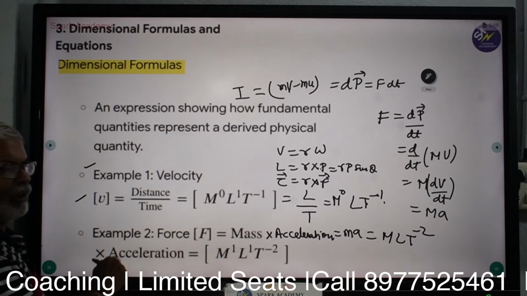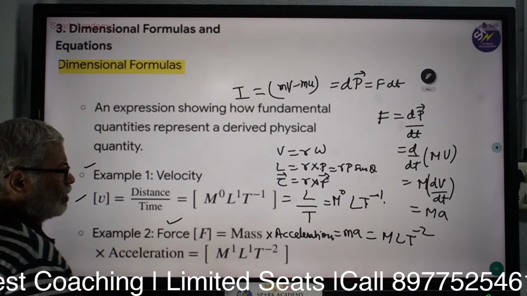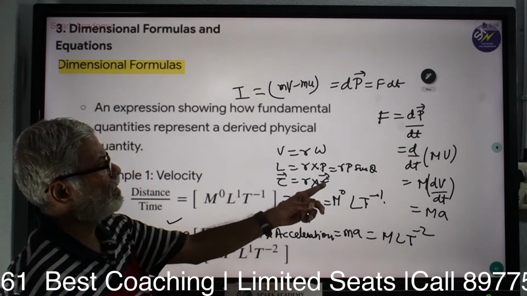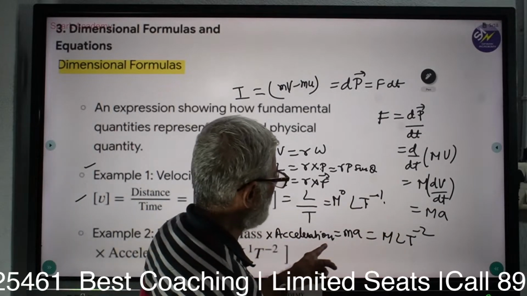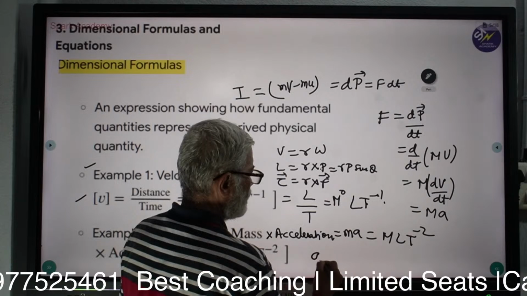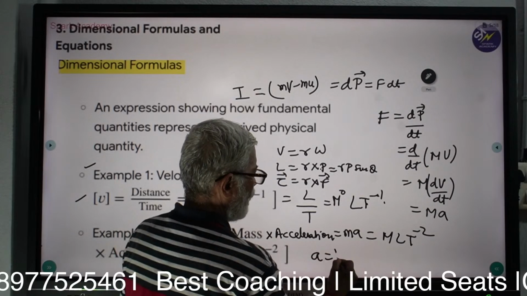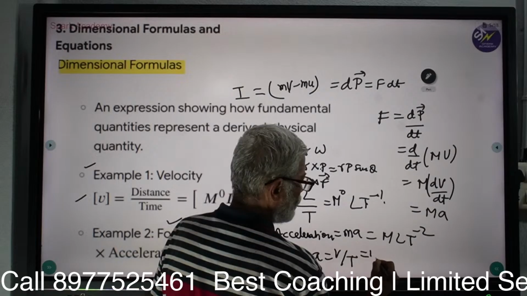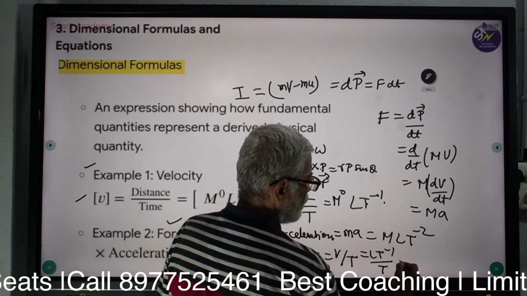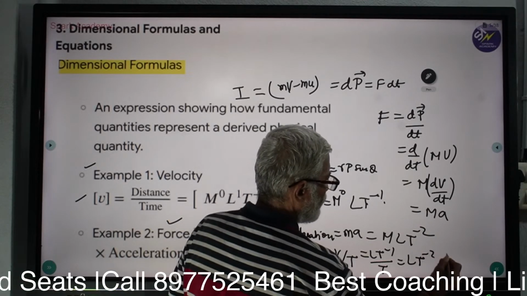Similarly, what is the dimension for force? Force is mass into acceleration. What is the dimension for acceleration? Acceleration is velocity by time. Velocity is L T minus 1, divided by T, so it will be L T minus 2.